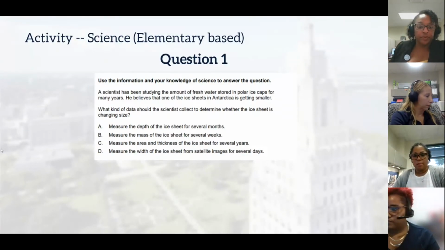Okay. So anybody else? And I can put the question back up. Yes, please. Can you put the question back up? What kind of data should the scientists collect to determine whether the ice sheet is changing size?